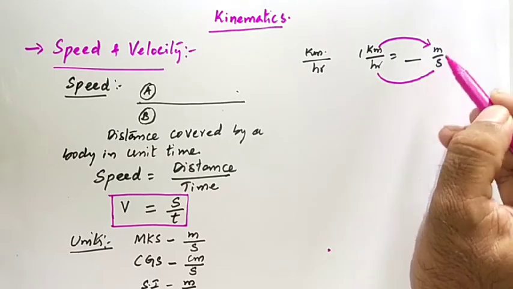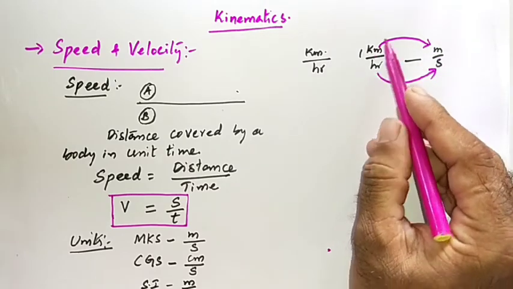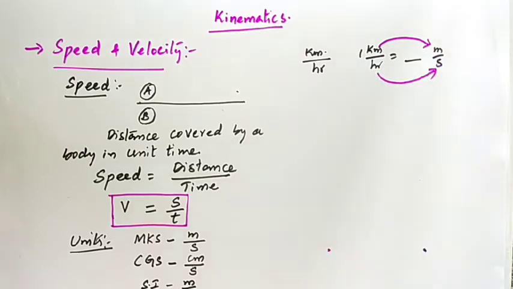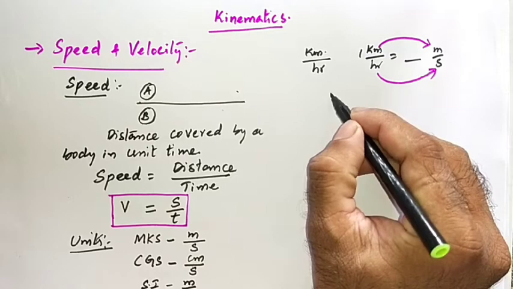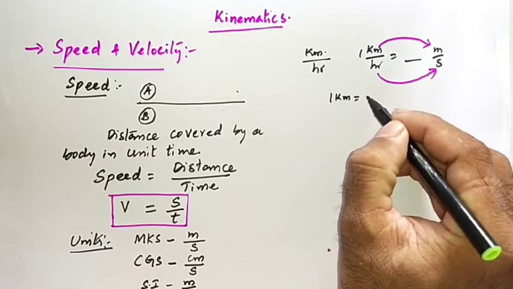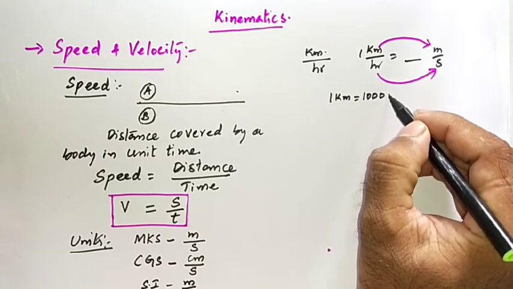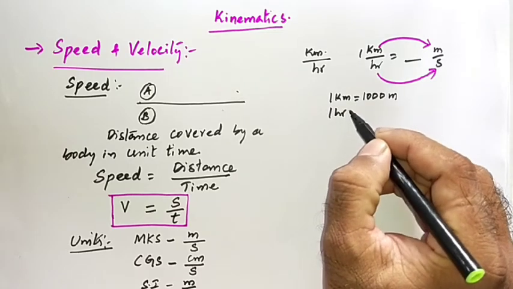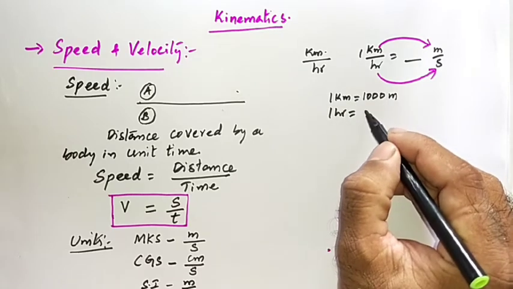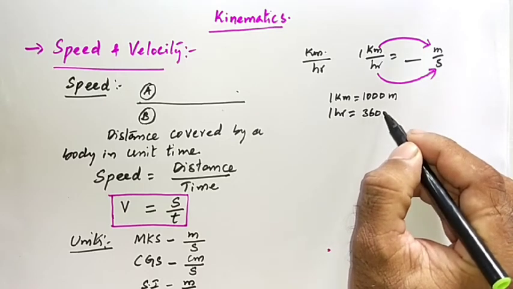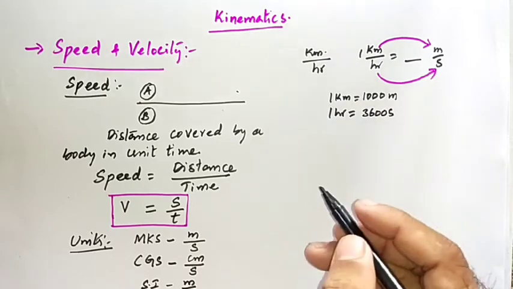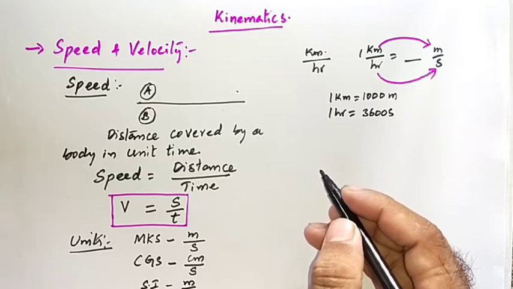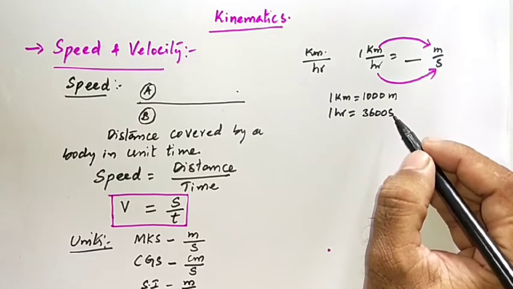We know that 1 kilometer is equal to 1000 meters, and 1 hour is 60 minutes, 1 minute is 60 seconds, so 60 into 60 is 3600 seconds.